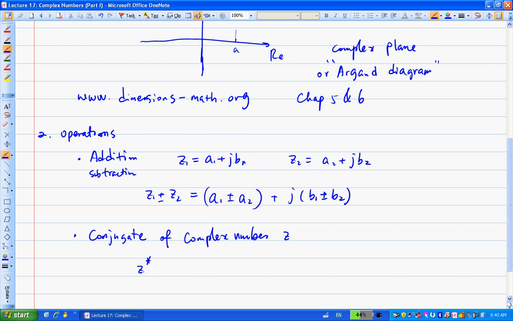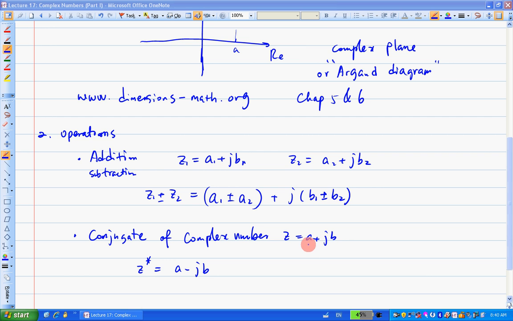Conjugate is taking not the negative of that, but it's almost like taking the opposite of this thing here. Okay? So this conjugate, if Z is A plus JB, then the conjugate is A minus JB.